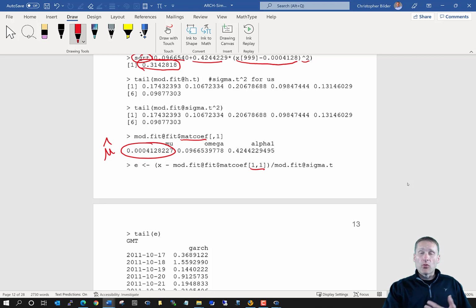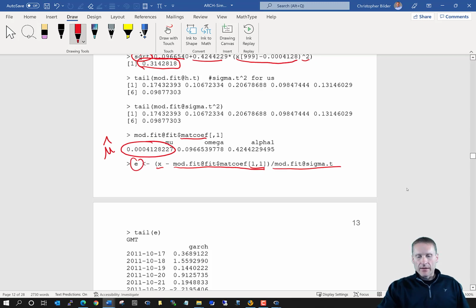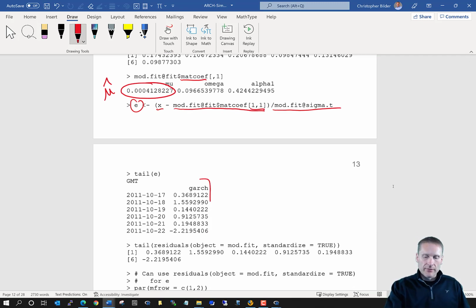And I could find my regular old residuals by taking x minus mu hat, remember the formulation of the model, divided by what that sigma hat sub t would be. There are my residuals. And this is what I get right there.